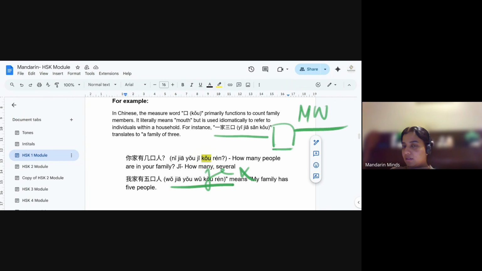There are hundreds of measure words in this language. We will not discuss all. We will just be doing a quick go through of the important measure words which are usually used in daily language.